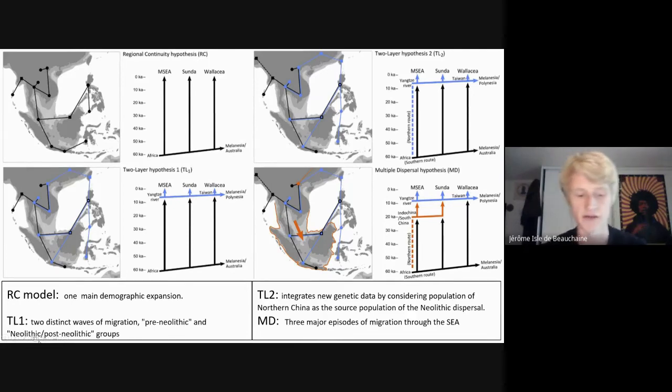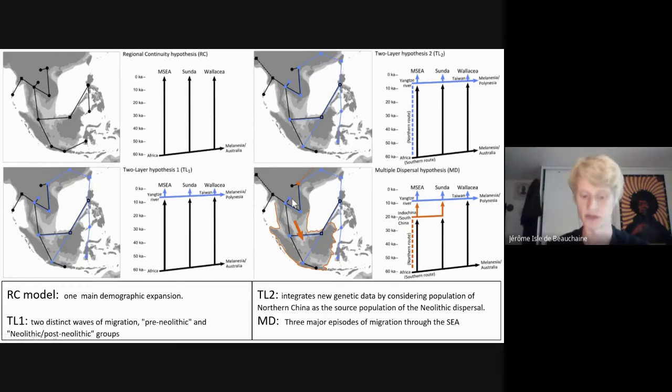And in addition to this model, there was the last model, which is called the multiple dispersal hypothesis, which results from the observation of recent genomic data from present-day populations, because those data suggest that an even more complex migration pattern is expected. So in this model, at least 3 major episodes of migration through Southeast Asia are expected.